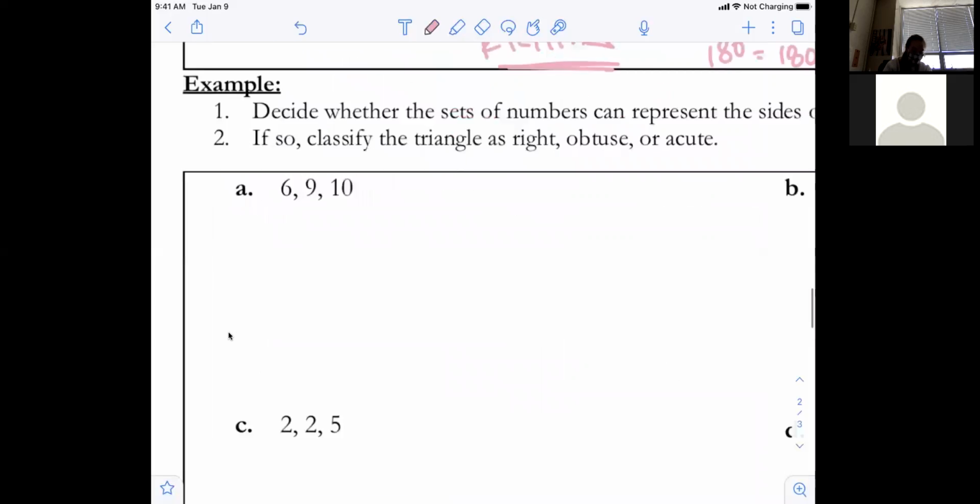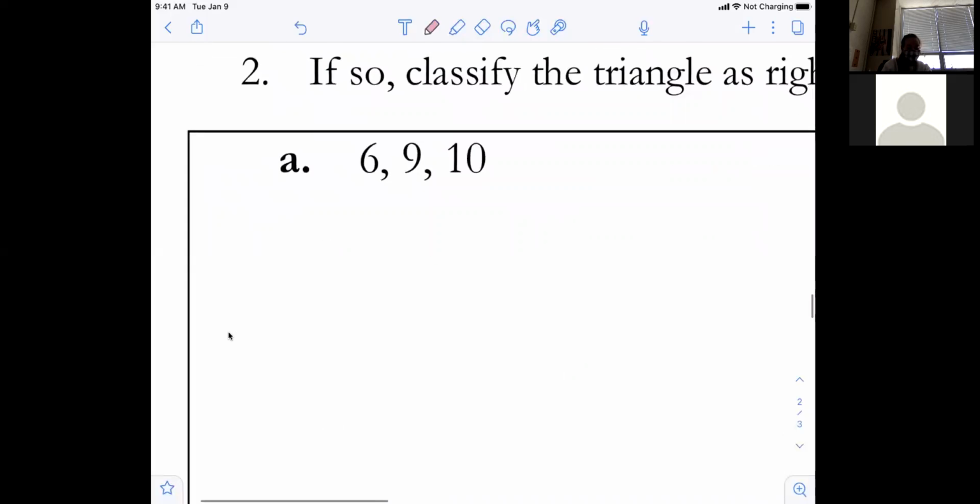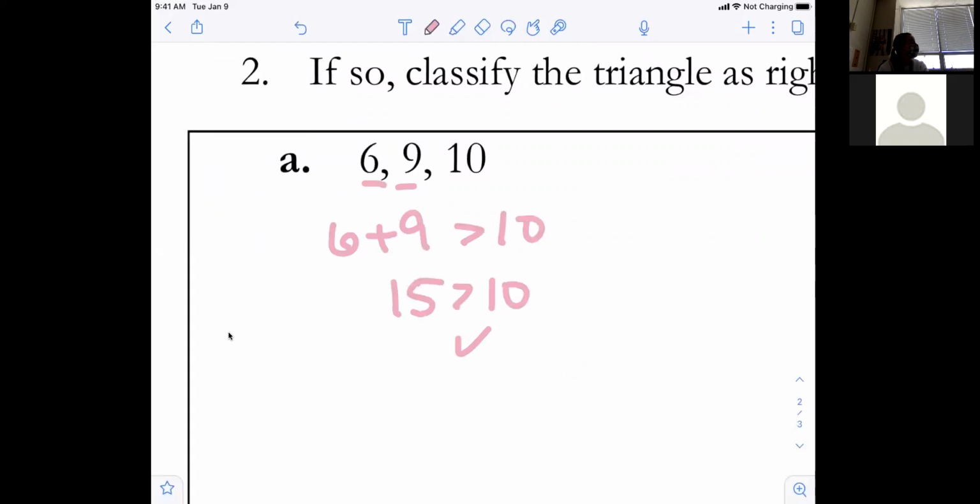All right, let's look at letter A. I've got 6, 9, and 10. So I'm going to add the 2 smallest sides and see if they're bigger than the biggest side, just to see if I can even do this problem. So 6 plus 9 equals 15. Is 15 greater than 10? Yep, so that's a triangle.